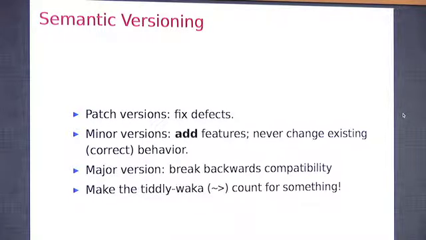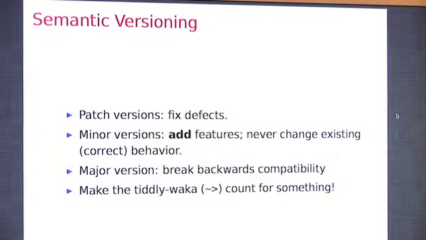And then you use your major numbers for backwards incompatible changes. And when you do this, you make the version constraints in Gemfiles a lot more useful because they can pin to a major version and rely on the fact that you won't break anything when you introduce a minor version, because your minor version is only going to add functionality. It's not going to change something that already works.